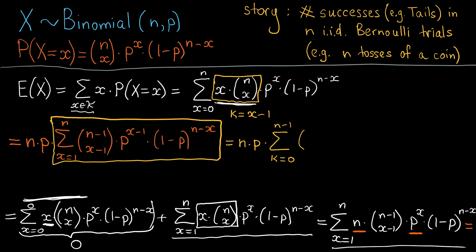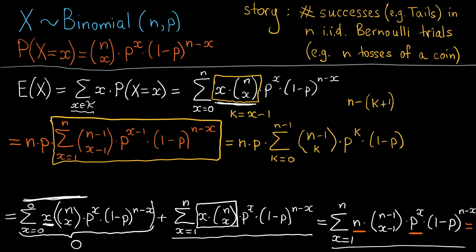And what are we summing over? n minus 1 choose, instead of x minus 1, we put k, right? We're replacing x everywhere here with k. p to the power of k times 1 minus p to the power of n minus x. So what is this n minus x? Well, what is x? x would be k plus 1.